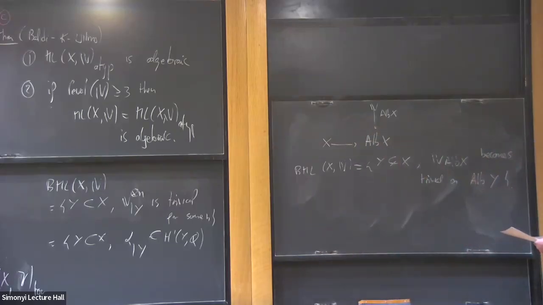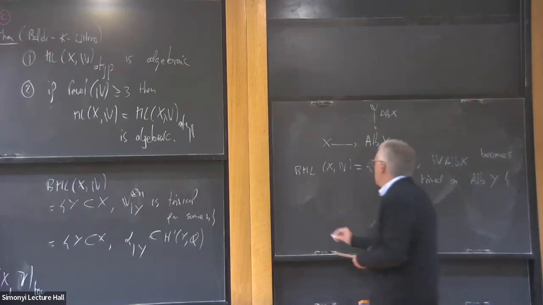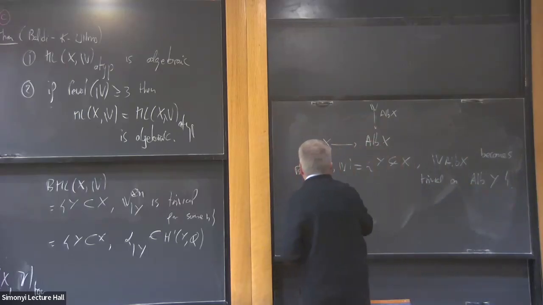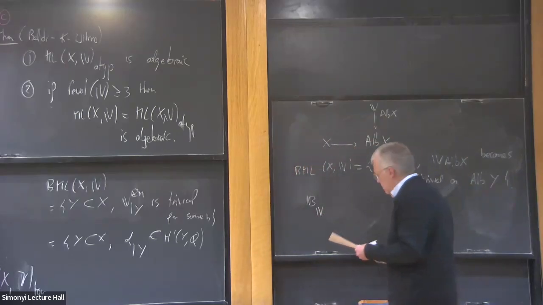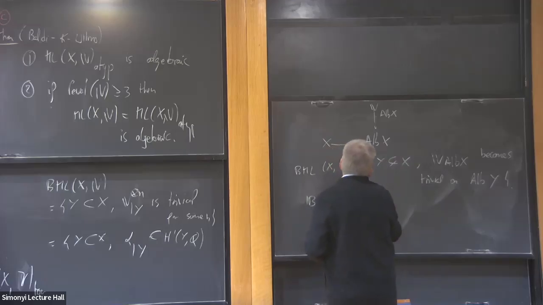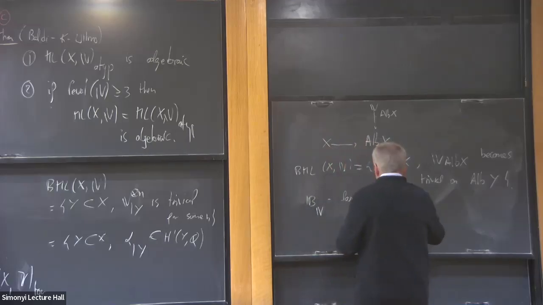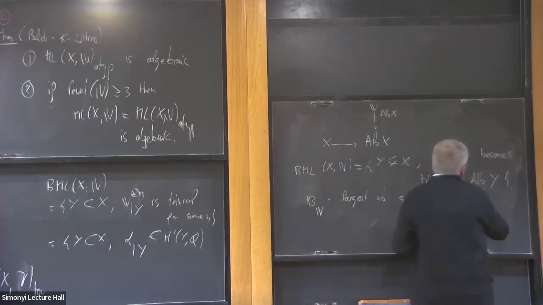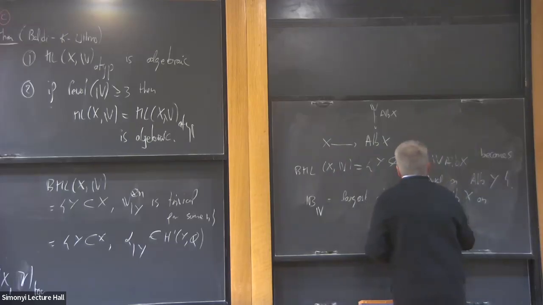And so this means that what you do is define an abelian variety associated to your local system, which is the largest abelian subvariety of Alb X on which this local system is trivial.